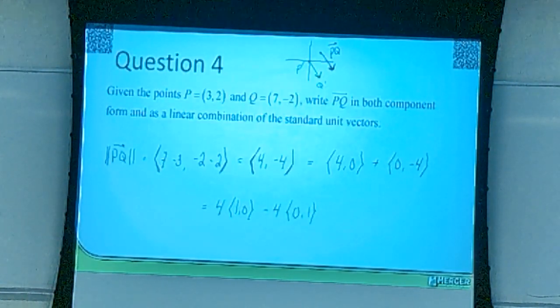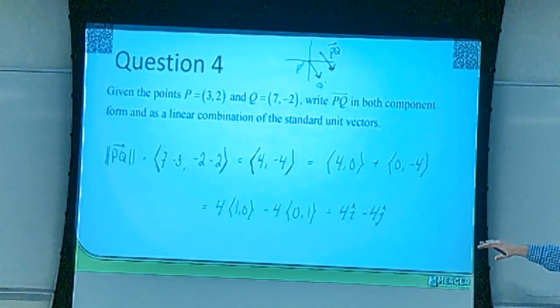Factor out 4, factor out the -4. There's your i hat, there's your j hat. That's the basic idea. I'll just jump right to 4i minus 4j.